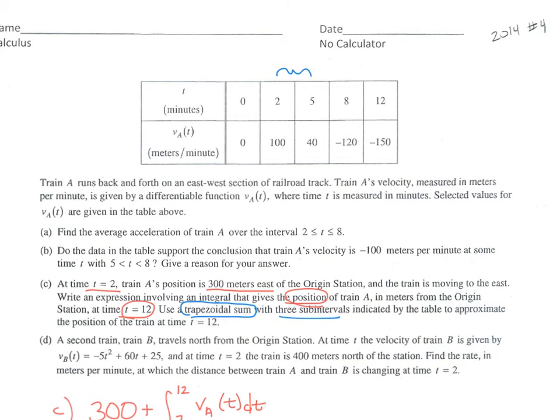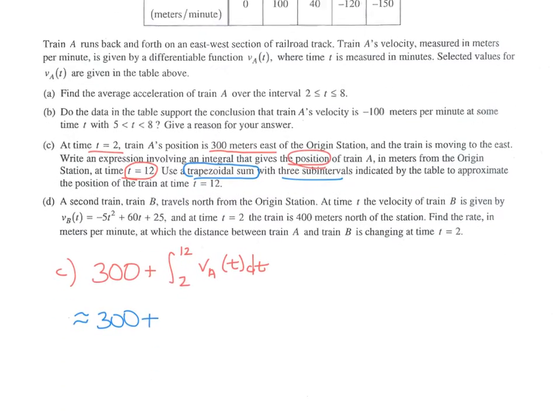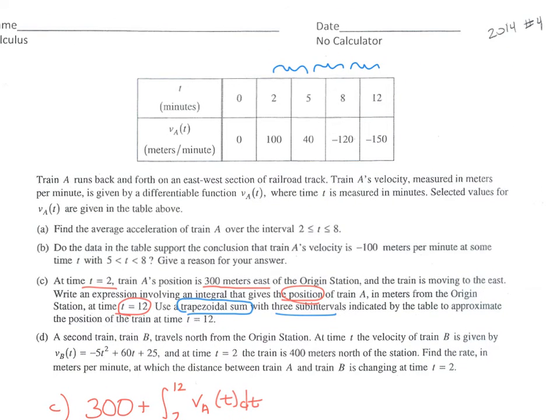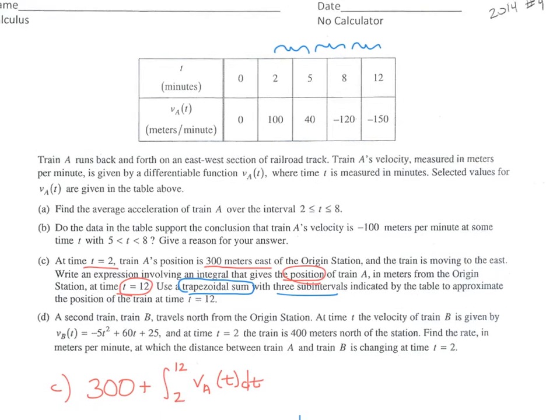We've got one between 2 and 5, then between 5 and 8, and then between 8 and 12. So the first trapezoid, the height is 3, and then the bases are 100 and 40. Second trapezoid, again, the height is 3, but the bases are 40 and negative 120.